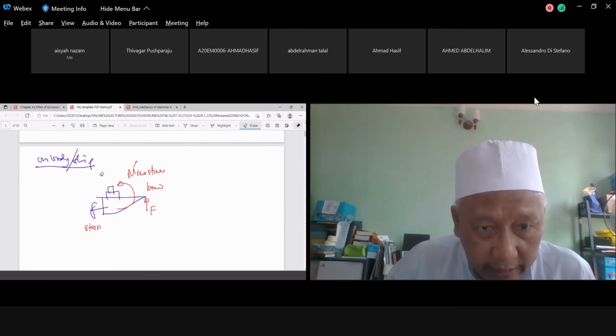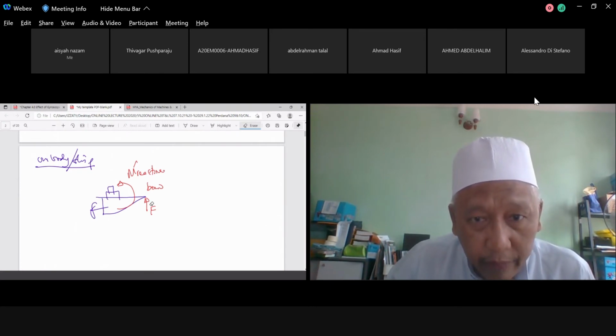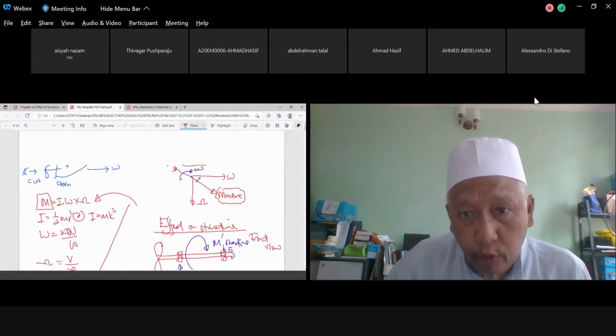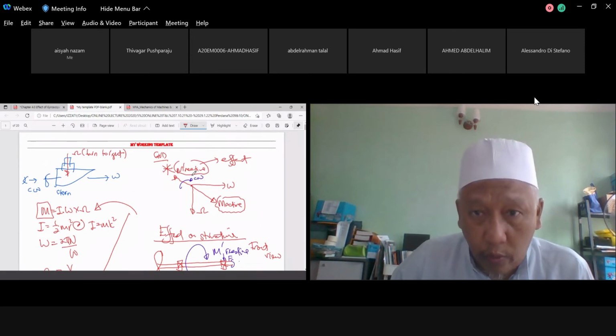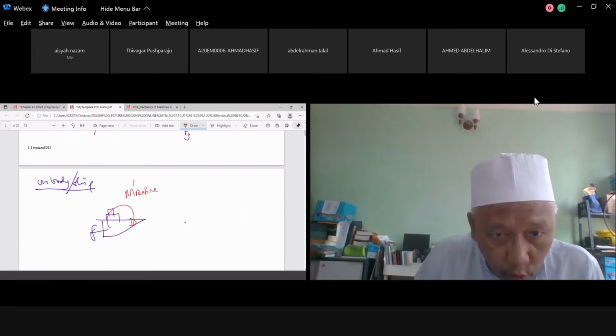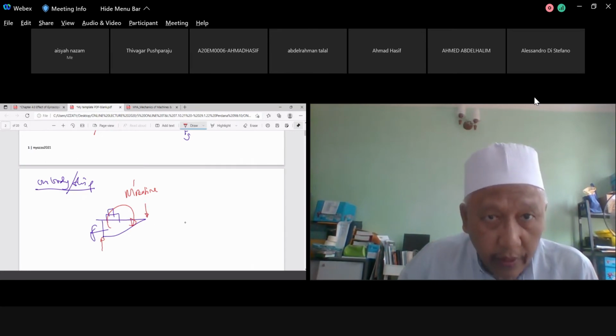Your notes are correct. I'm taking the wrong direction of the M reactive. Sorry for that. It's supposed to be this one. It is rotating clockwise, so it's supposed to be rotating clockwise in such manner. That is correct. I took the wrong direction. Then you have one force acting upward, one force acting downward. That's what you have in your notes.